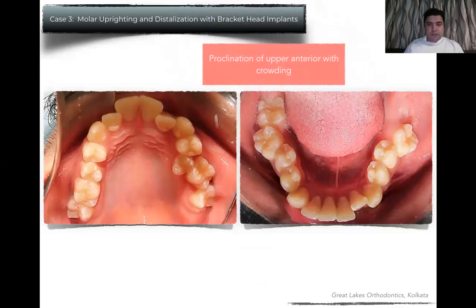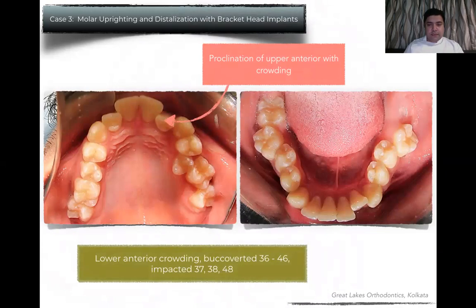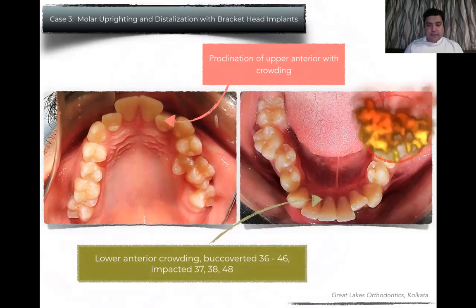In the occlusal view, there is proclination and crowding of the upper anteriors, and in the lower there is anterior crowding. There is buccoverted 3-6 and 4-6. Most importantly, 3-7 and 3-8 are impacted, there is mobility in 3-6, and there is also impaction of 4-8.